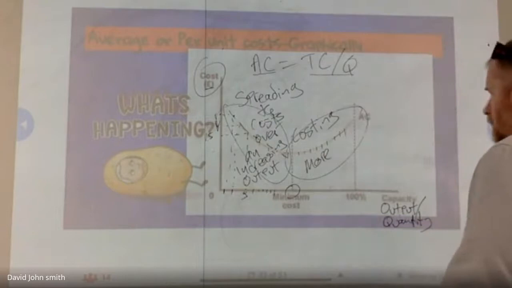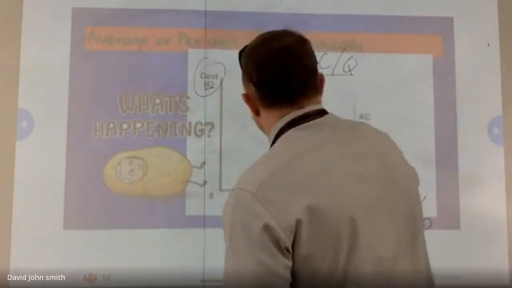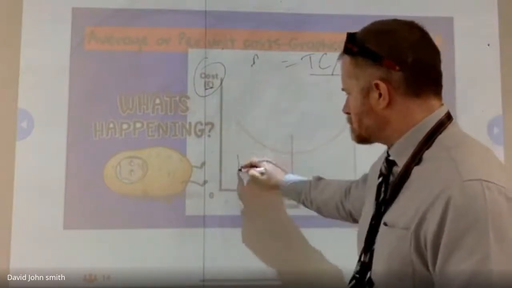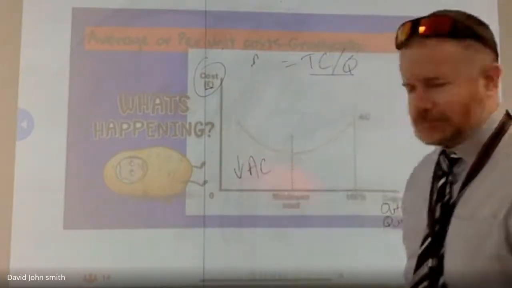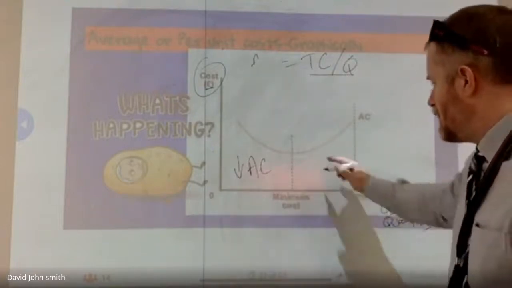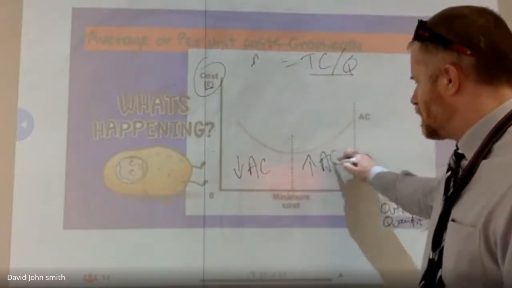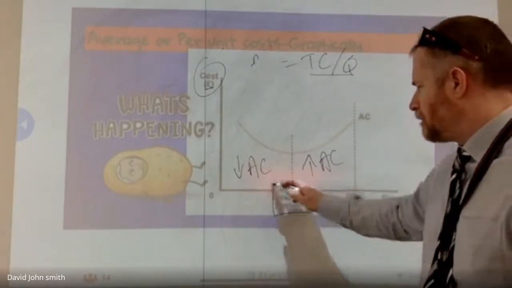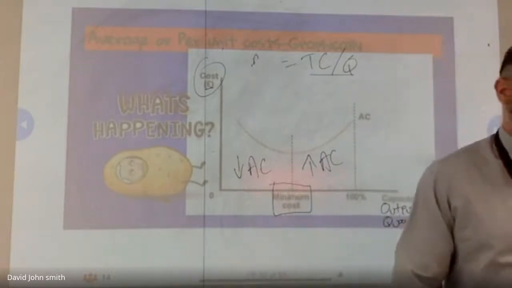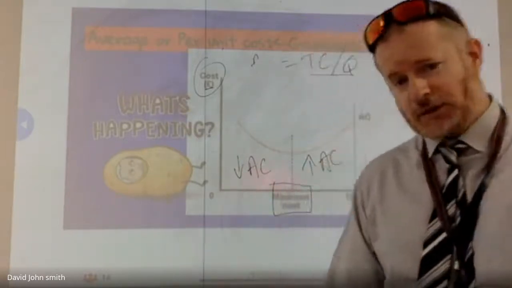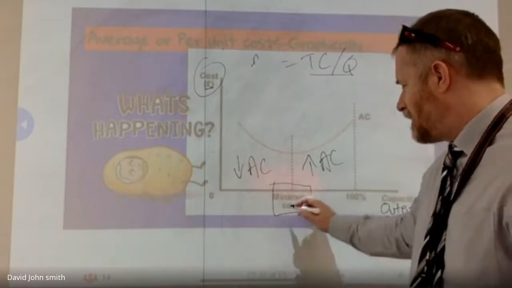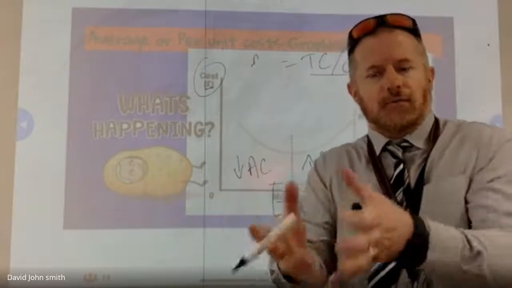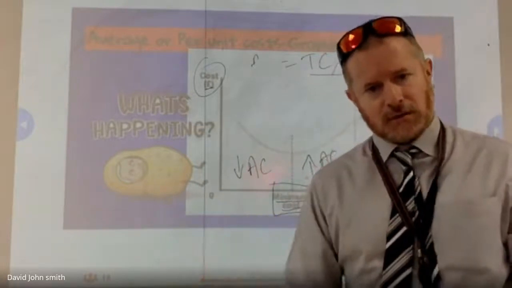So, with that in mind, here's what we're going to do. Okay. We're going to say from here to here, we've got a decrease in average cost. But from here to here, we've got an increase in average cost. So what about this bit in the middle? Well, if you're a business person, okay, you're looking at that. That is your minimum cost, the lowest cost you can possibly have per unit. Okay?